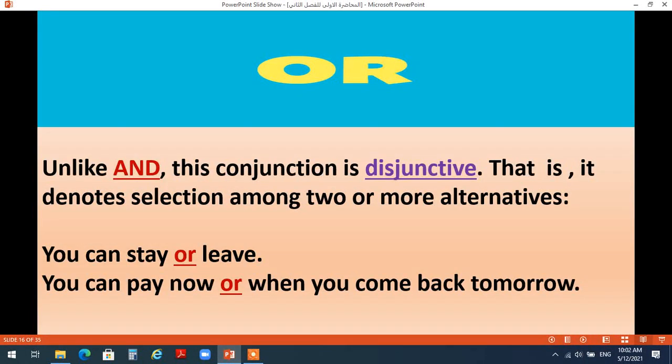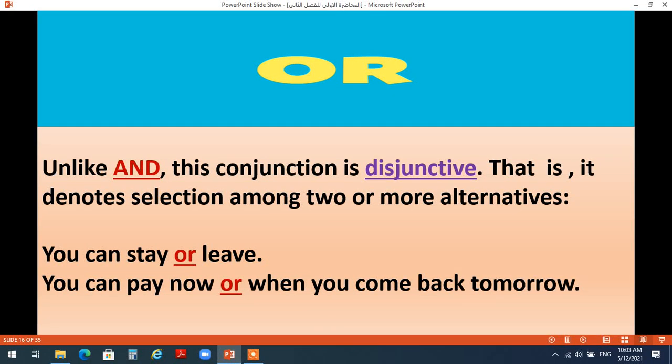بعد and نأتي إلى the other coordinating conjunction اللي هو or. Unlike and, this conjunction is disjunctive. ماذا نعني بهذا المصطلح disjunctive؟ It means it denotes selection among two or more alternatives. حين نستخدم or كأداة ربط ما بين عبارتين أو جملتين أو حتى كلمتين، هنالك لابد أن يكون اختيار ما بين خيارين أو أكثر. يعني دائما نستخدم or يكون هنالك خيارين أو أكثر متاحين في الجملة، ويجب أن نختار إحدى هذين الخيارين.